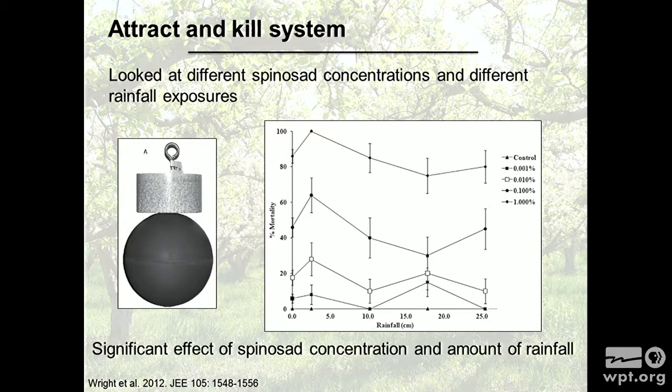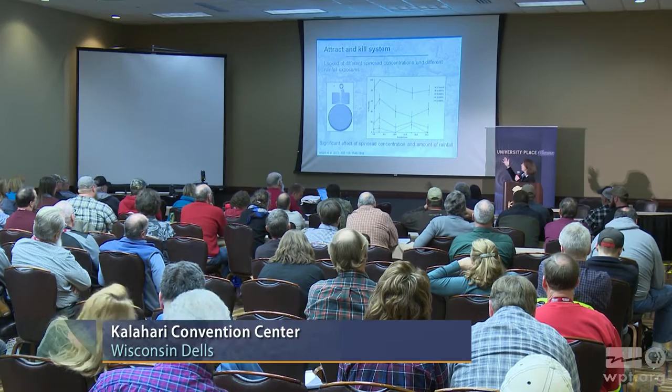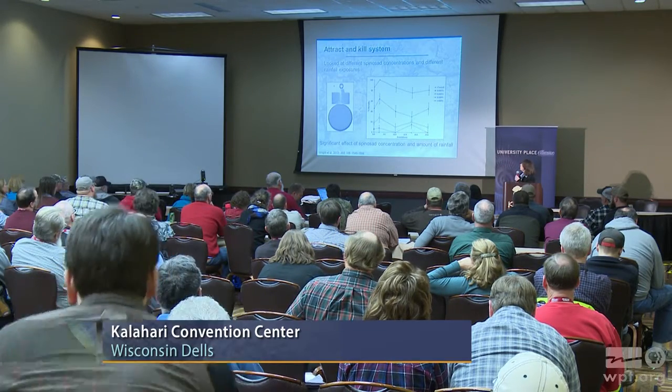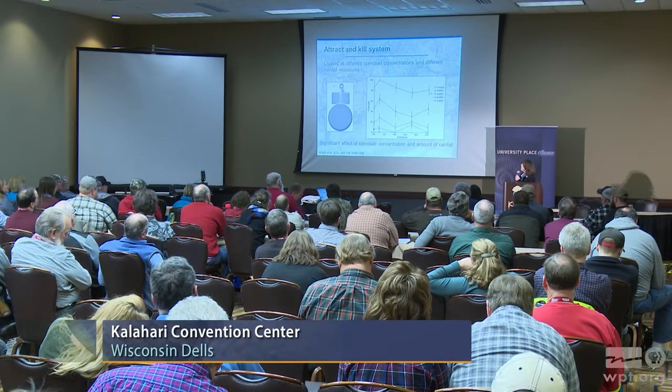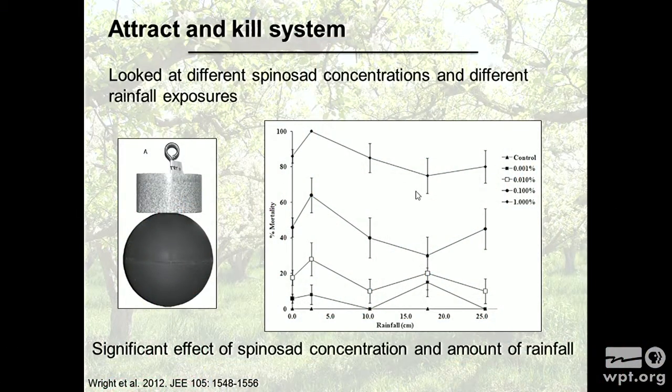And it drops down from rainfall events, right? So they simulated that in a cage study. We have an effect of the concentration and also of the amount of rainfall. The maximum concentration is 1%, and we're above 85% mortality throughout all the different rainfall events that they simulated here.